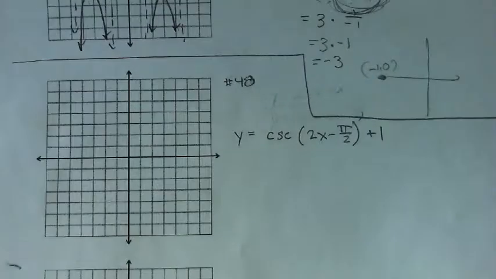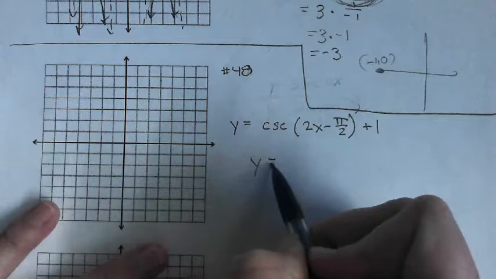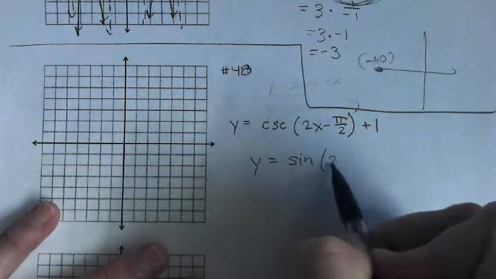Because we never got to a vertical shift yesterday and where that's going to fall in the order of how we do this. Okay? Obviously the sine guide is y equals sine of all of this.